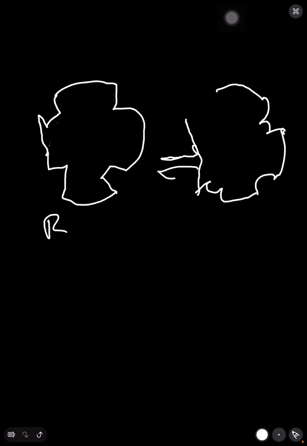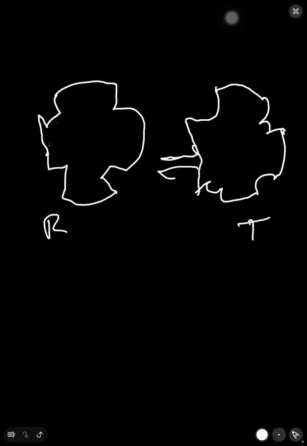So that's our R, and it's in equilibrium with a T. I'm basically trying to mimic the shape of the ones in the book. Wow, that is ugly. But anyway, you get the idea.